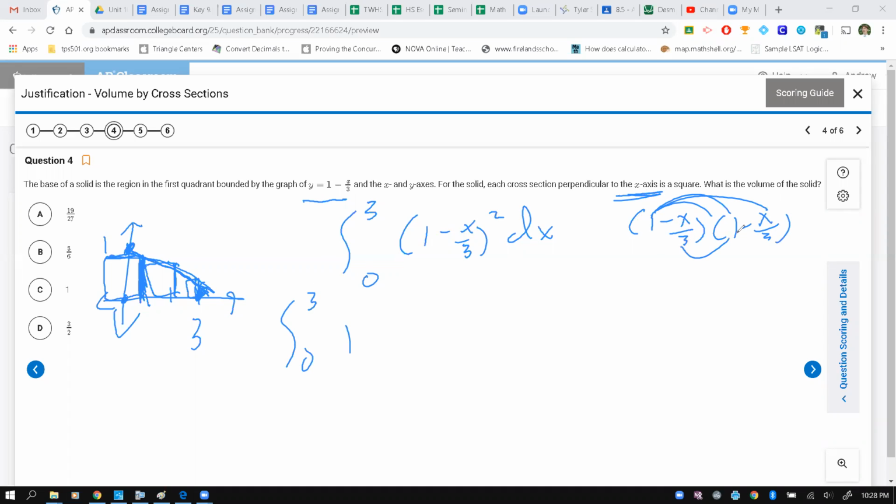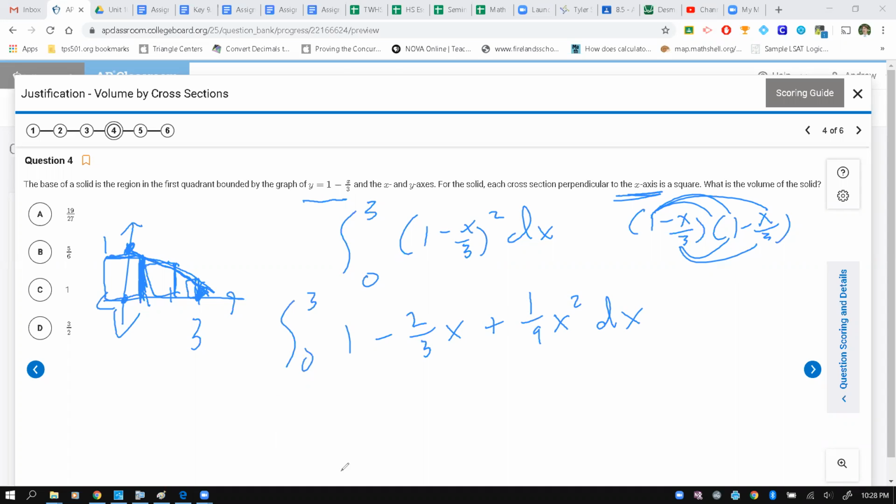Negative x over 3 times 1 is the same thing. So that would be negative 2 thirds x. And then negative x over 3 times negative x over 3 would be positive 1/9 x squared. Then to integrate this is just the power rule.